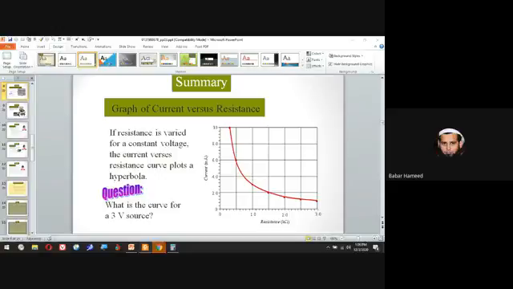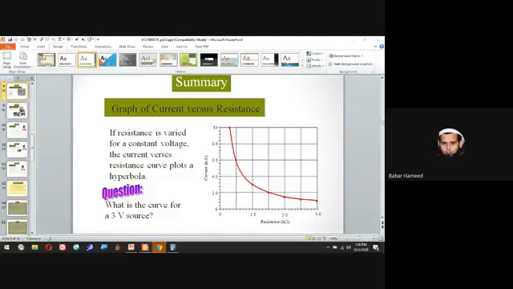The current is inversely proportional to resistance. If the resistance is doubled, current will be half, and if the resistance is halved, the current will be doubled.